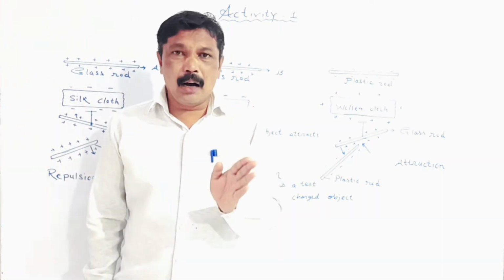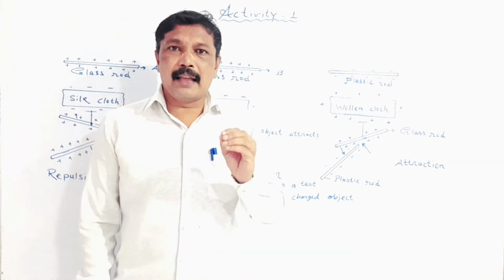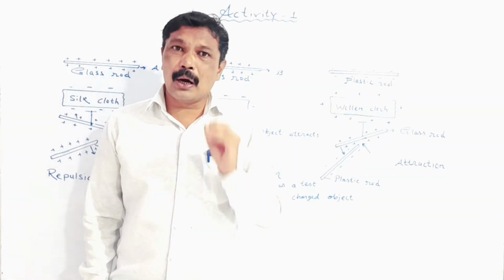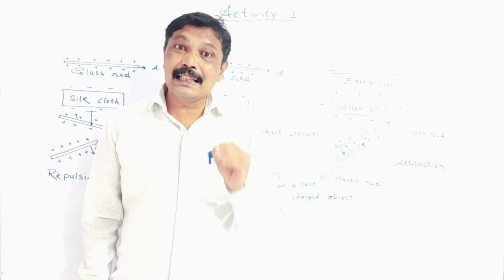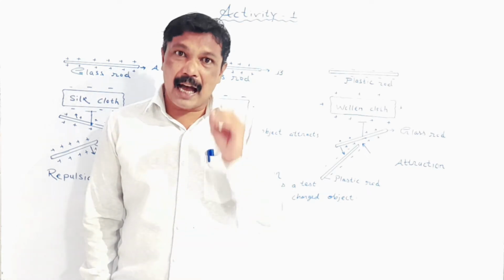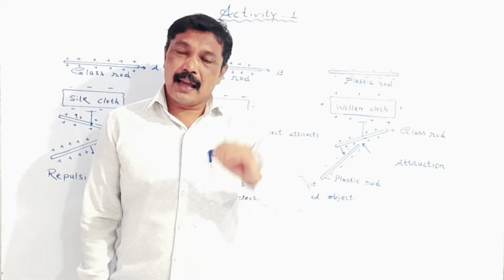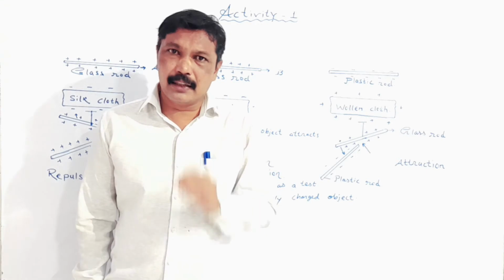Here, when we rub one object with another object, friction takes place, and the electricity produced is called frictional electricity. It is also called static electricity because charges are developed on the object at the place where the friction has been done.